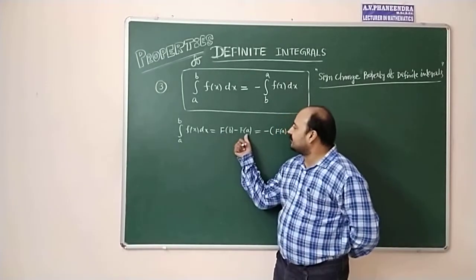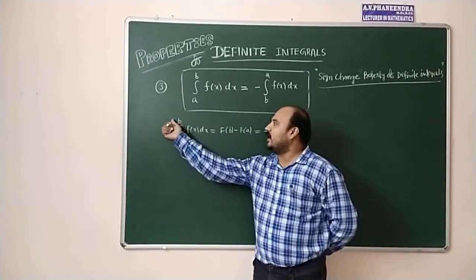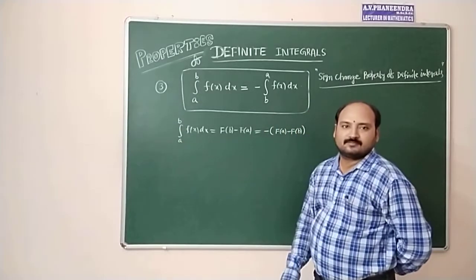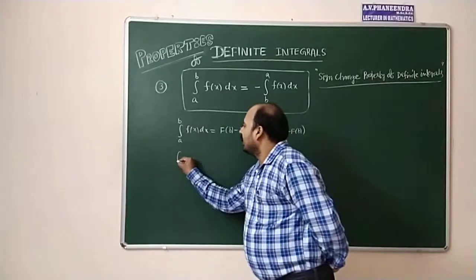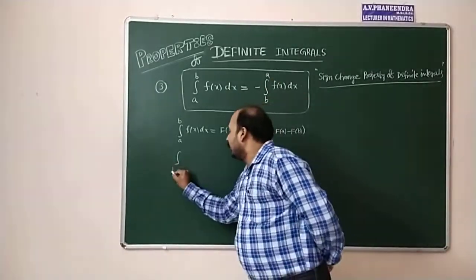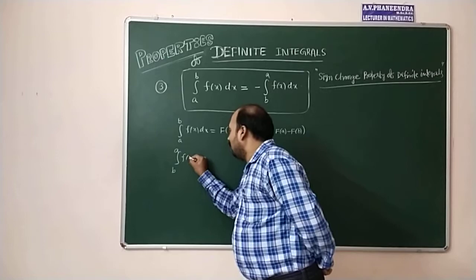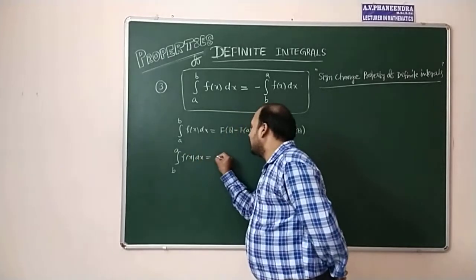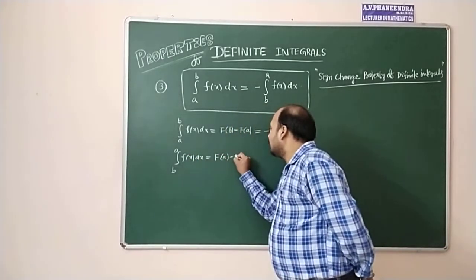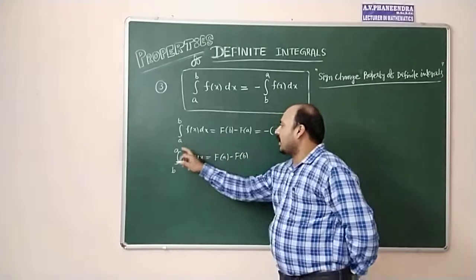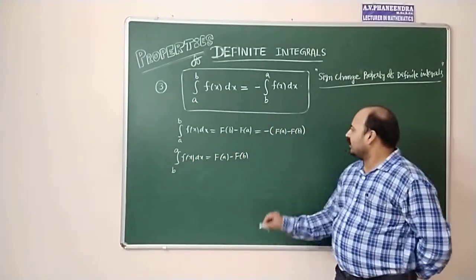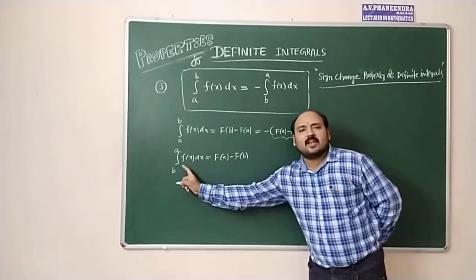F of b minus F of a, we can write as integral a to b f of x dx. Now, integral b to a I am taking. Integral b to a f of x dx equal to capital F of a minus F of b only, no? In place of this, can I replace this value?